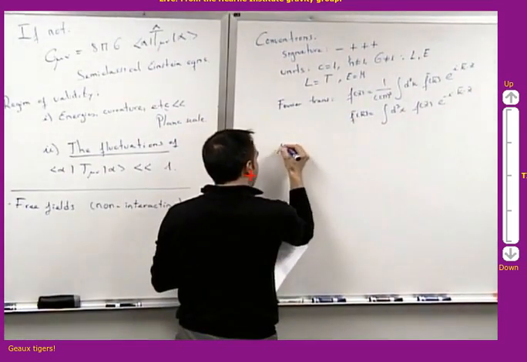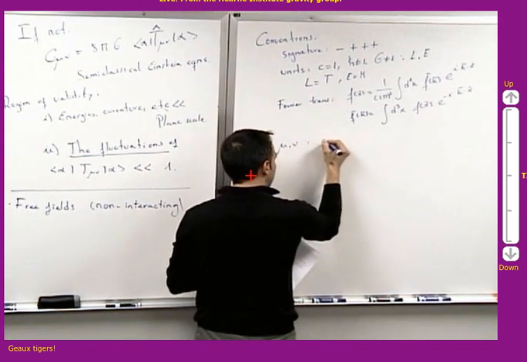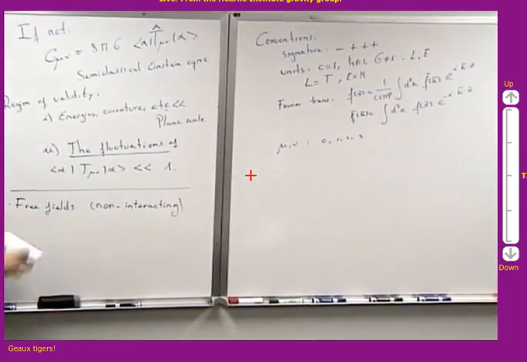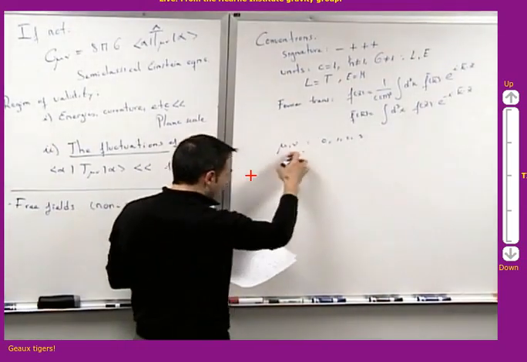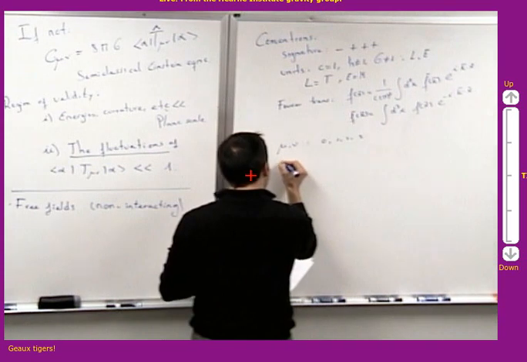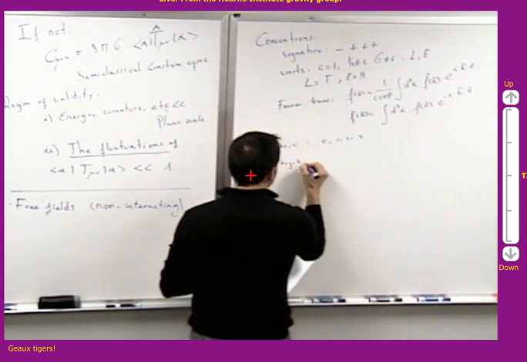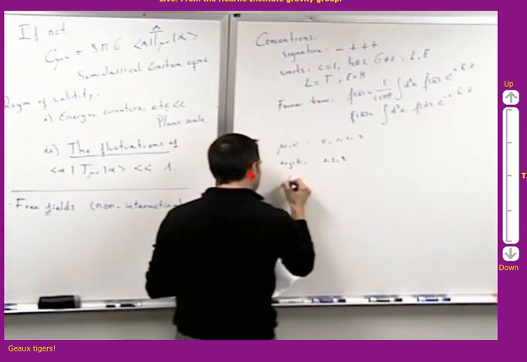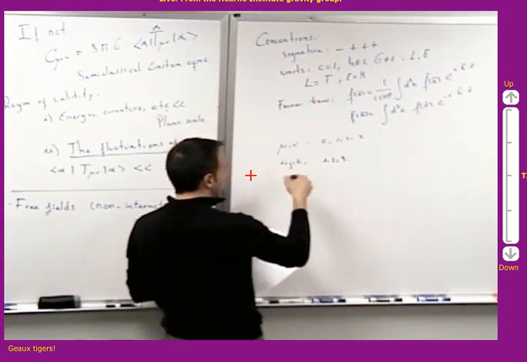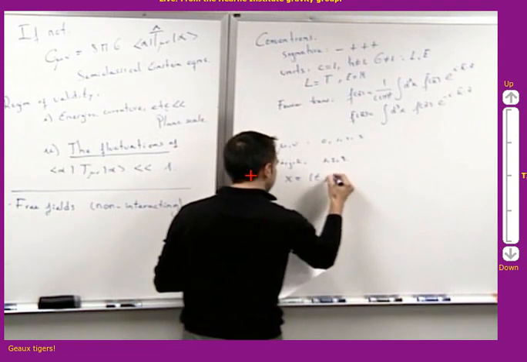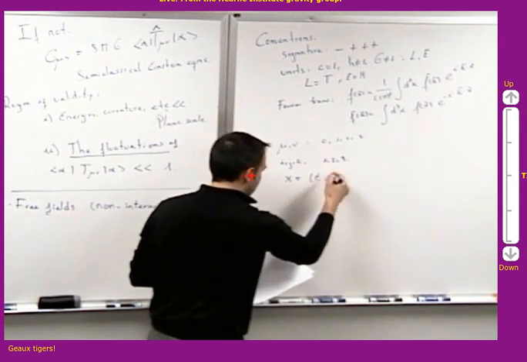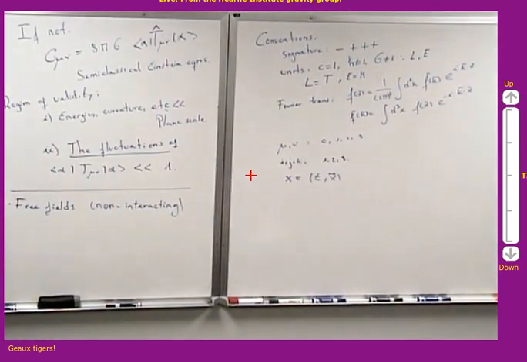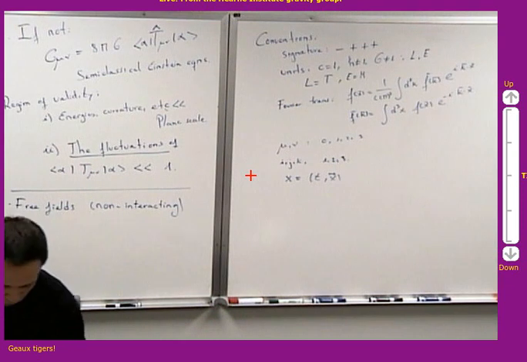And every time I have Greek indices, they run from 0 to 3 if we are in 4 dimensions. If we are in n dimensions, they will keep going. But they include time, so they are spacetime indices. And i, j, k, etc., Latin indices, are just spatial indices. And when I write x in this way, I mean spacetime. And when I write x with an arrow on the top, I mean just space. And these are all the conventions that I wanted to emphasize.